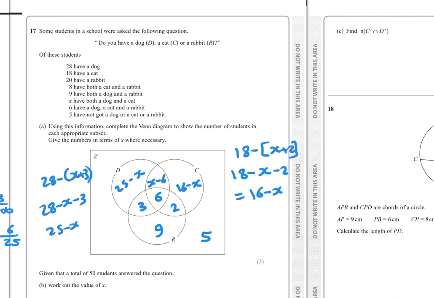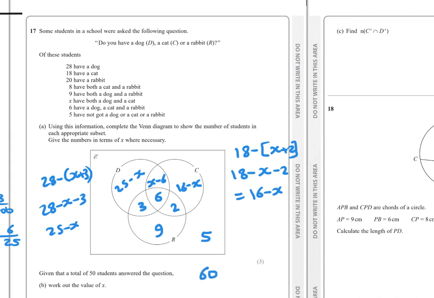Given that a total of 50 students answered the question, work out the value of x. The total is 50. To find x, add the numbers first and add the x terms together. The numbers: 5 plus 9 plus 2 plus 6 plus 3 plus 16 plus negative 6 plus 25 equals 60.